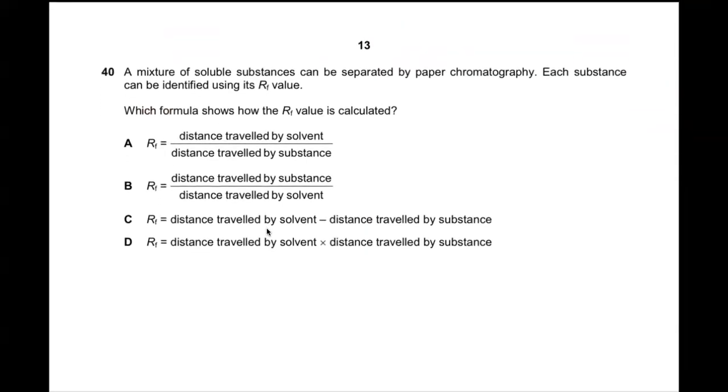Yes. Now, the last MCQ. A mixture of soluble substances can be separated by paper chromatography. Each substance can be identified using its Rf value.